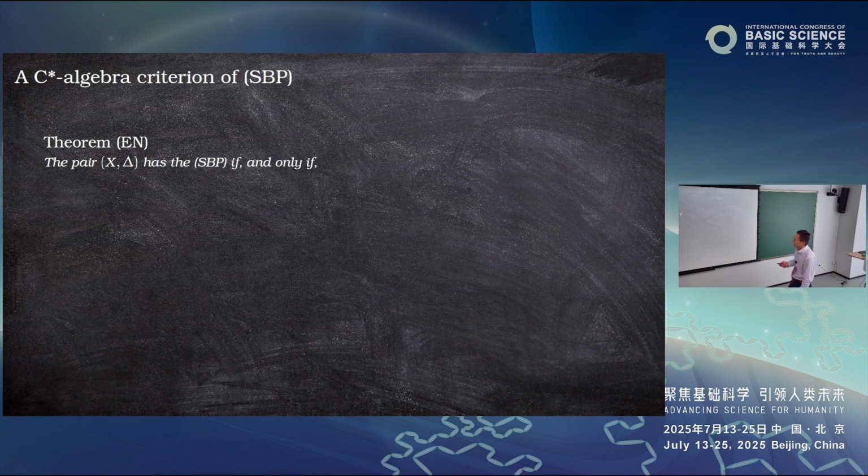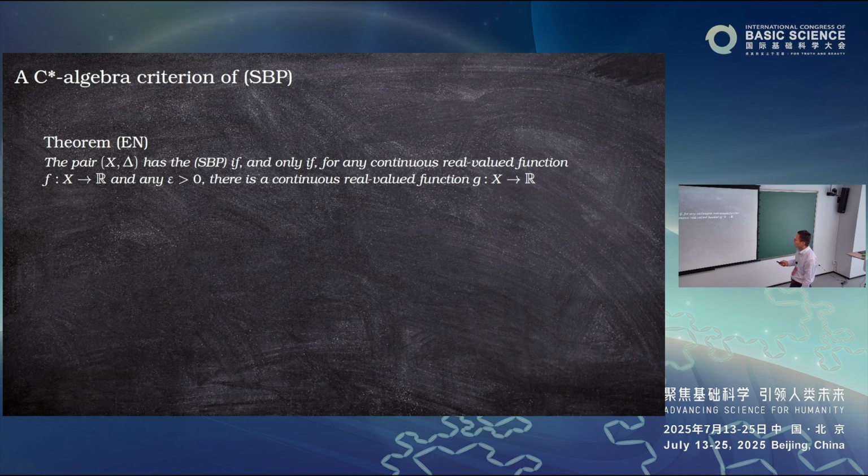So this pair has the small boundary property if and only if for any continuous real-valued function f on X, so basically a self-adjoint element in the algebra C(X), and for any tolerance epsilon, you are able to find another continuous real-valued function g.